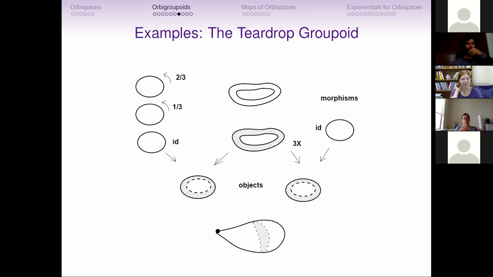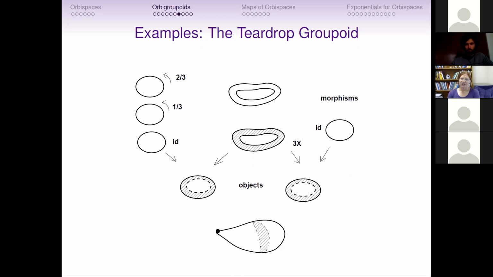And just for fun, here's the Chur groupoid. You can see that things are getting a little bit more complicated. Over on the left-hand side, we have that cone again with the disk worth of objects, and then our identity, 1/3 and 2/3. Over on the right-hand side, we do the other half, the cap off of our teardrop orbifold. That's just a manifold piece, so it's only going to have identity morphisms.